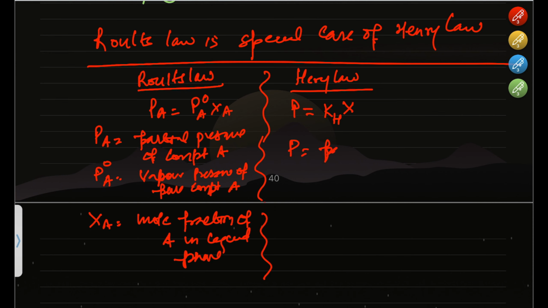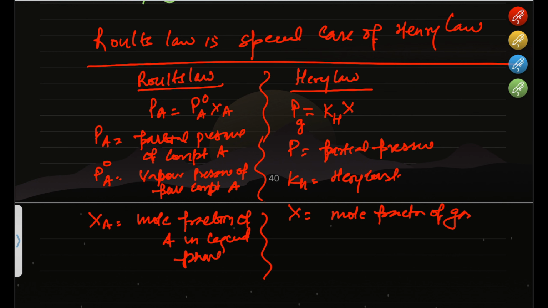In Henry's law, P is the partial pressure of the gas, KH is the Henry constant, and Xg is the mole fraction of the gas.